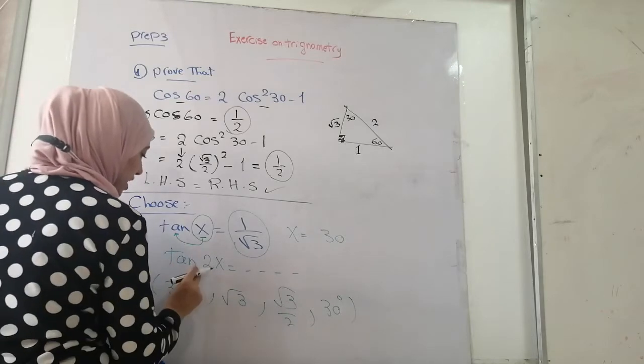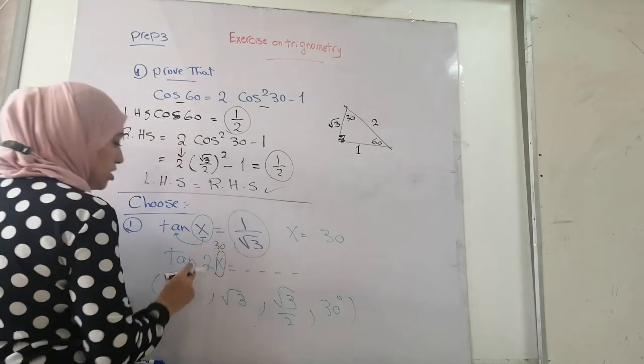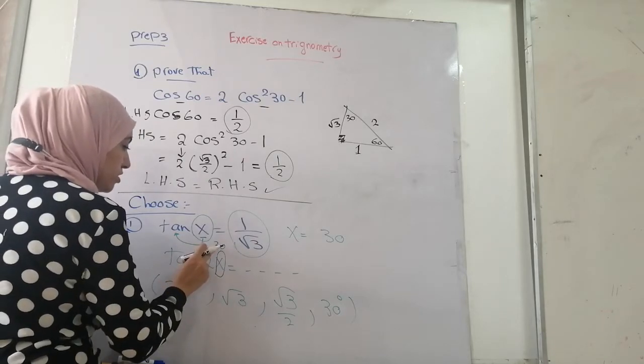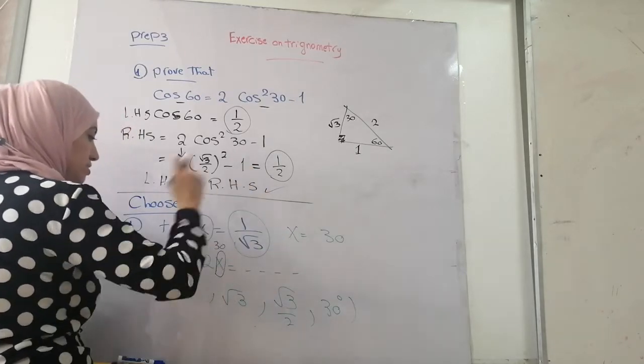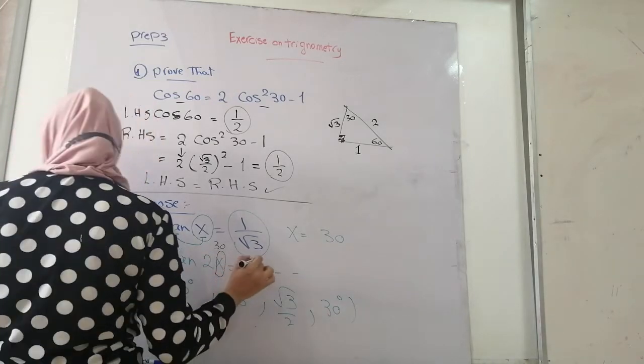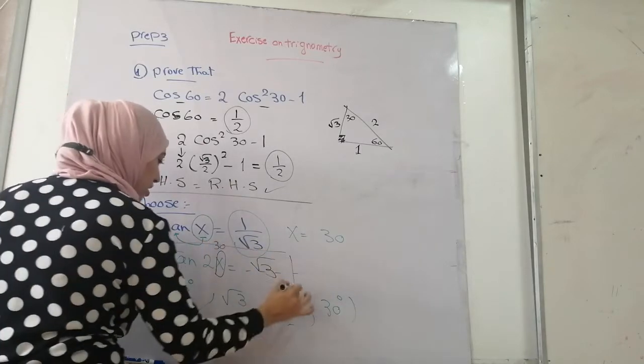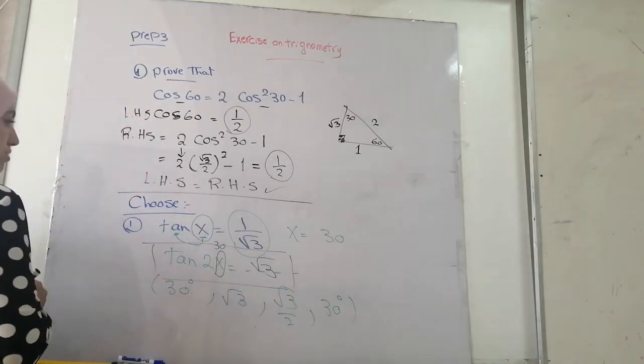Tan 2x means tan of 2 times the value of x. What is the value of x? 30. So we make 2 times 30 first, and after this we take tan 60. Tan 60 equals what? Tan 60 equals root 3. So I found tan 2x.